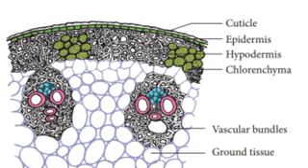Then the hypodermis is made up of a few layers of sclerenchyma cells. It is interrupted by chlorenchyma. The sclerenchyma provides mechanical support to the plant. Next one is the ground tissue. It is the entire mass of parenchyma cells inside the hypodermis.